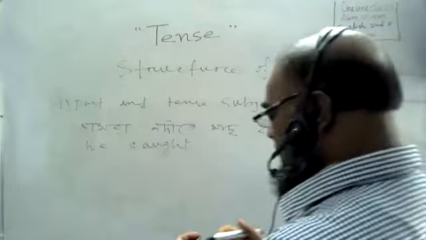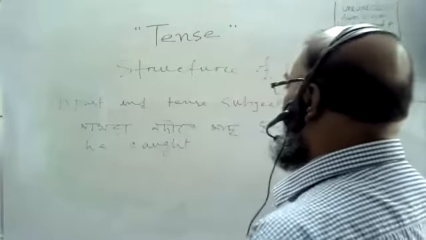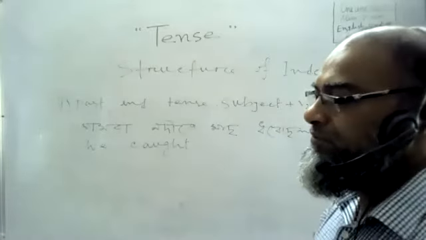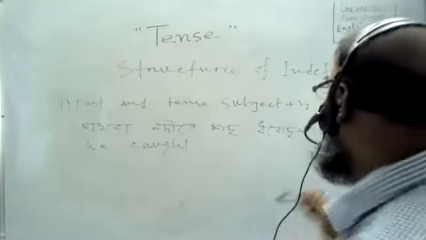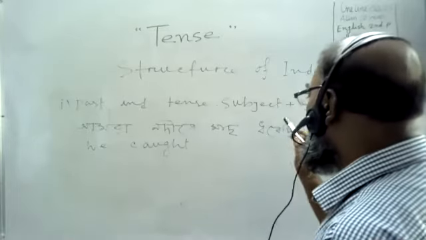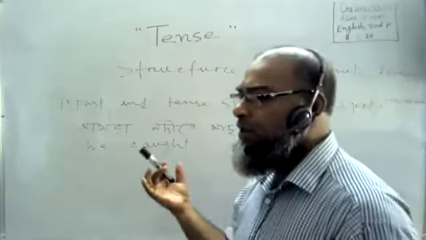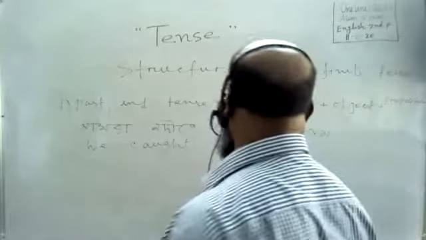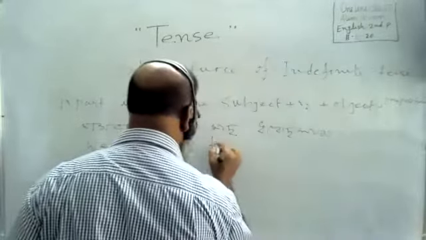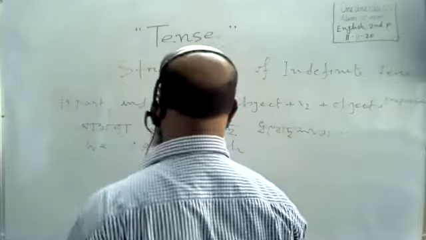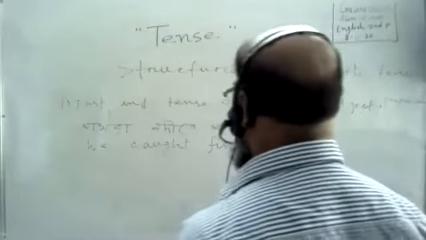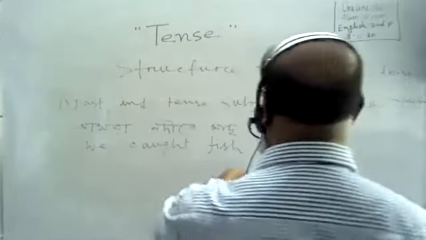What is the object here? আমরা নদীতে মাছ ধরেছিলাম। Ask the verb, কি, what: কি ধরেছিলাম? মাছ ধরেছিলাম। The answer is মাছ. So here the object is fish. Then we will go to extension, and for going to extension you have to use a preposition.